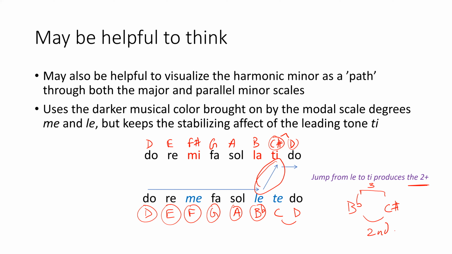But it's spelled as an unusually large second. That's known as the augmented second. And that's just what happens when you stretch that distance out between the two. All right, so that makes it stable. There's no question that we have landed on Do. But it creates a very distinct and jarring effect between lay and T.